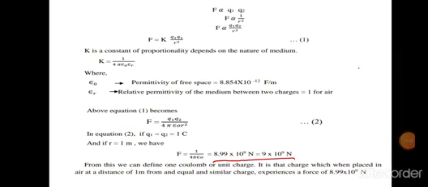Okay, so this is the formula of Coulomb's law, and from this it is clearly noted that force depends on the magnitude of the charges and the distance between the two charged bodies.